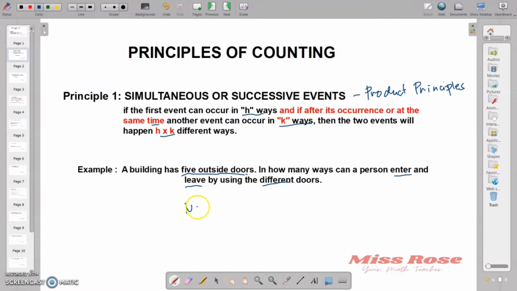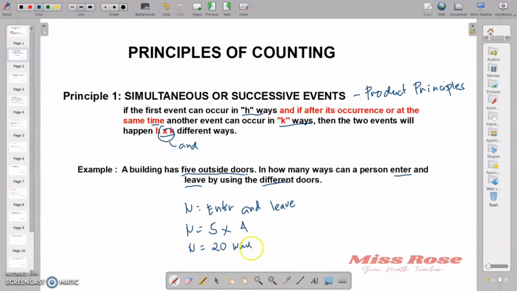So n equals enter and leave. There are 5 doors to enter, and we multiply because of the simultaneous or successive events, or product principle. In 5 doors, one door to enter, there are 4 remaining doors. So n equals 5 times 4 equals 20.